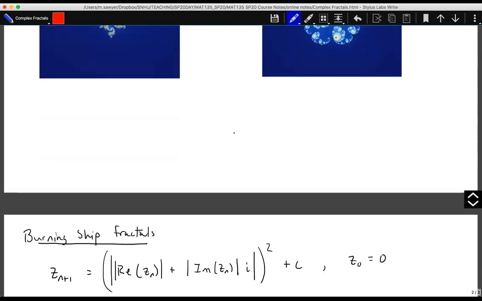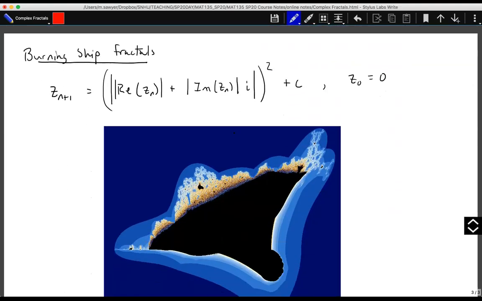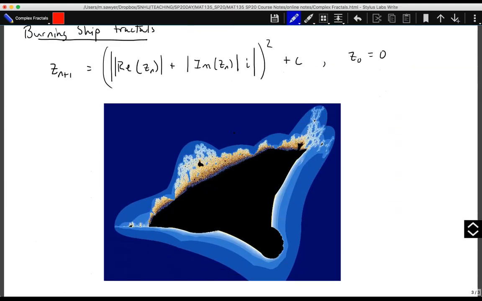Another interesting fractal that we see is called the burning ship fractal. This is where you take the Mandelbrot set, and this here is Zn in the Mandelbrot set.